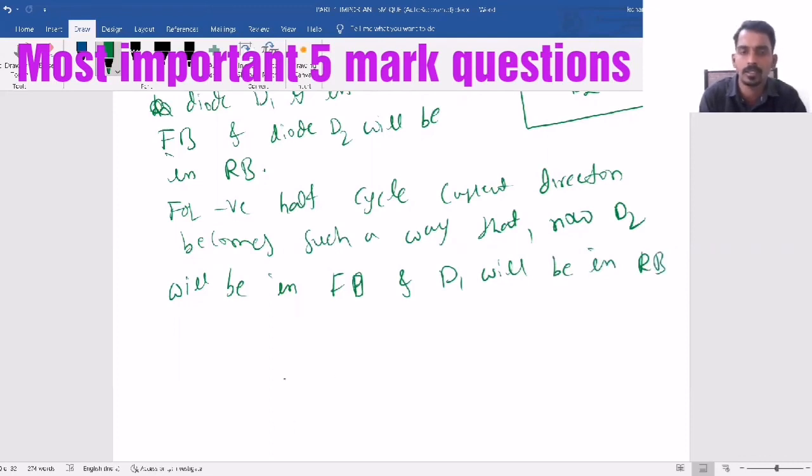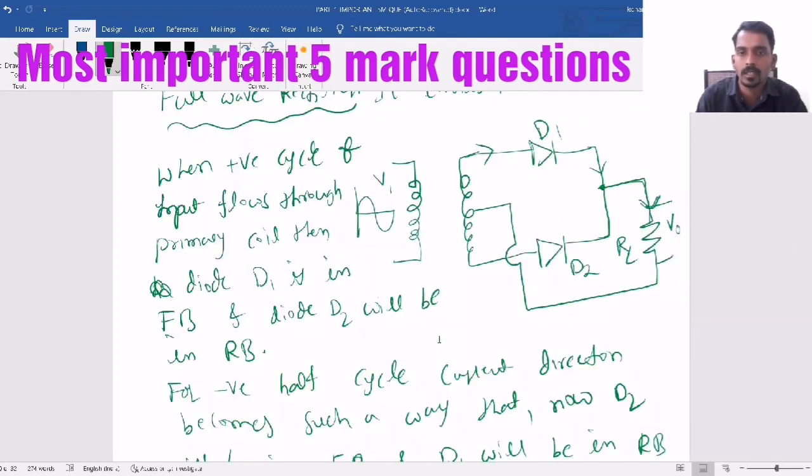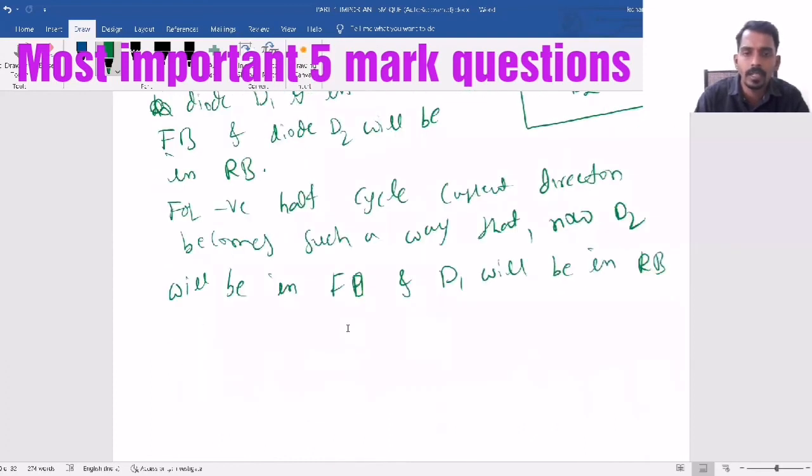Now the direction got reversed, which means now the current will flow like this. Now the current will not enter here. So when diode D1 conducts, D2 is not conducting. When D2 conducts, D1 is not conducting.